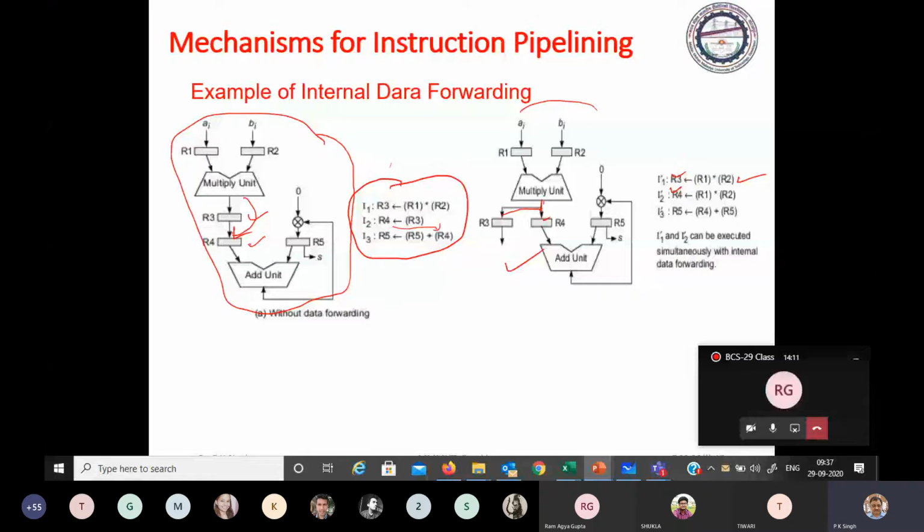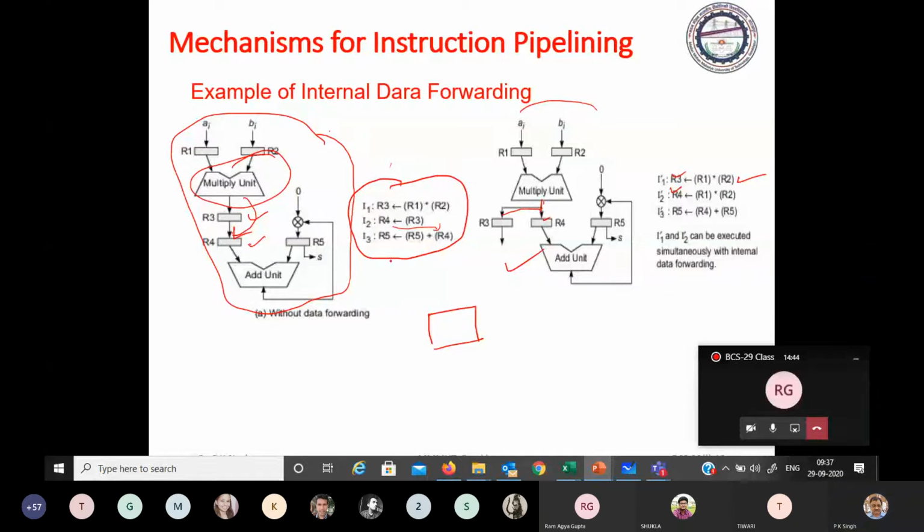Just see, you have to keep in mind that we are doing this execution in a pipeline. Okay, suppose we have a pipeline. This operation must be at the execution stage.